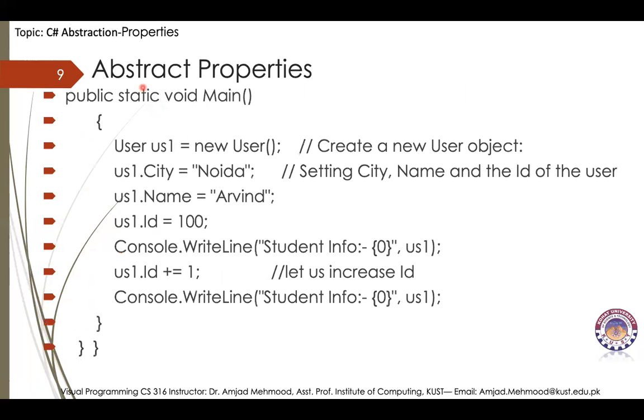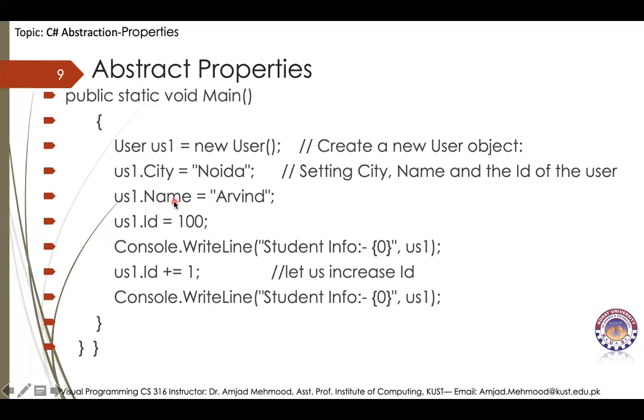So abstract properties, so you can understand that here we are making an object of this child class, user, and now we are setting this city. This has its own property, and this is the name property which was abstract in this user class, and this user class has provided the definition of this.